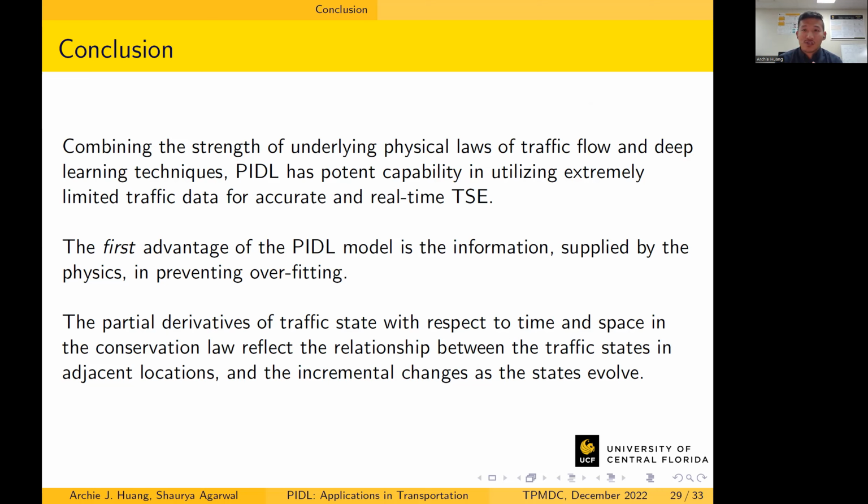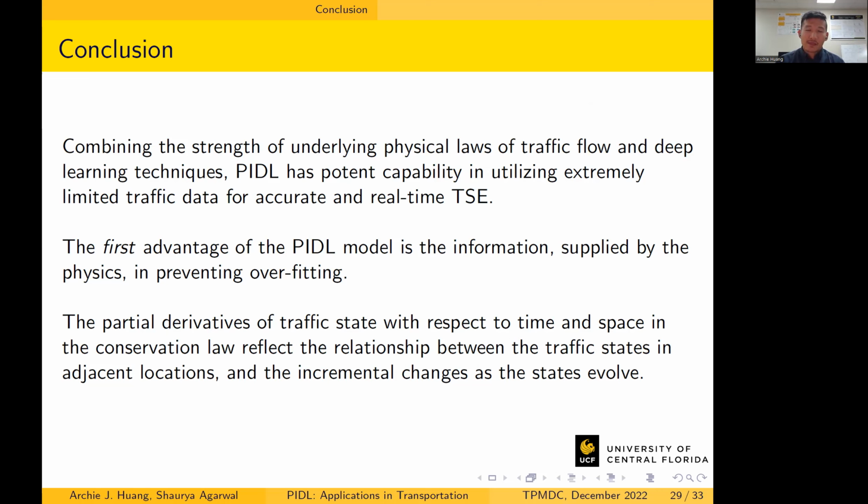The first advantage compared to its DL counterpart is that the governing equations we supply in the training process serve as a regularization agent that prevents the neural network from overfitting, and that gives us quicker convergence and better estimation performance or accuracy.